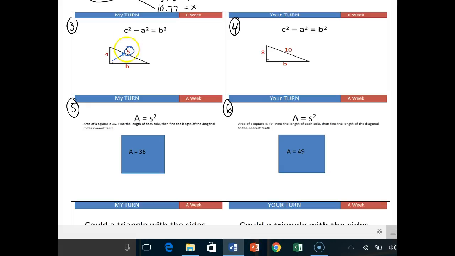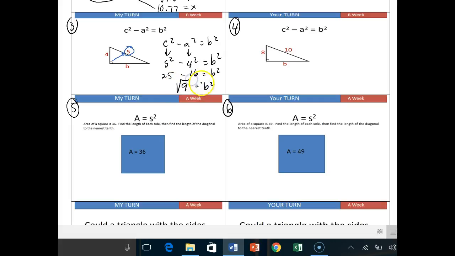So here I do have it, so this is an example where I want to use c squared minus a squared equals b squared. C always stands for my hypotenuse. A and b you can switch up, it doesn't matter. So I'll say 5 squared minus the other thing that I do know, which in this case is 4, the other leg, is equal to b squared. 5 squared is 25, minus 4 squared is 16, is equal to b squared. 25 minus 16 is 9, equal to b squared.